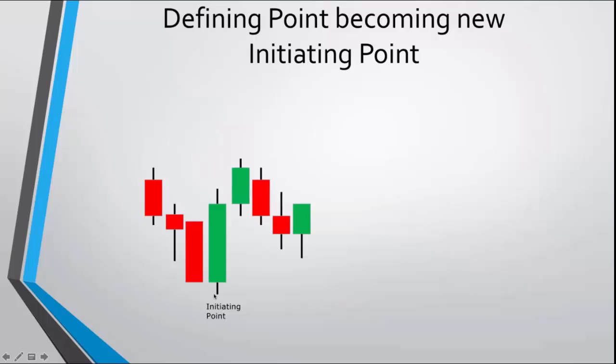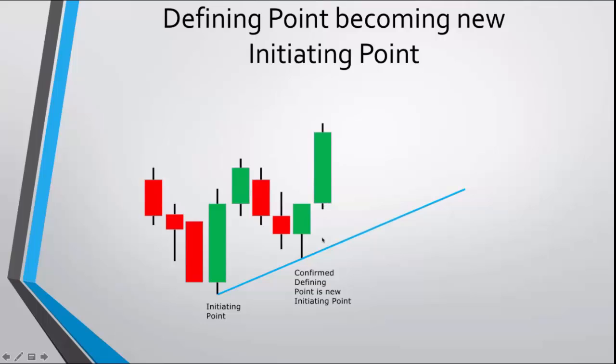So here we have initiating point. Here we have a defining point that's confirmed because the next candle doesn't touch it. And now, one of the concepts we use is an old defining point can become a new initiating point. So we have a potential new defining point over here.